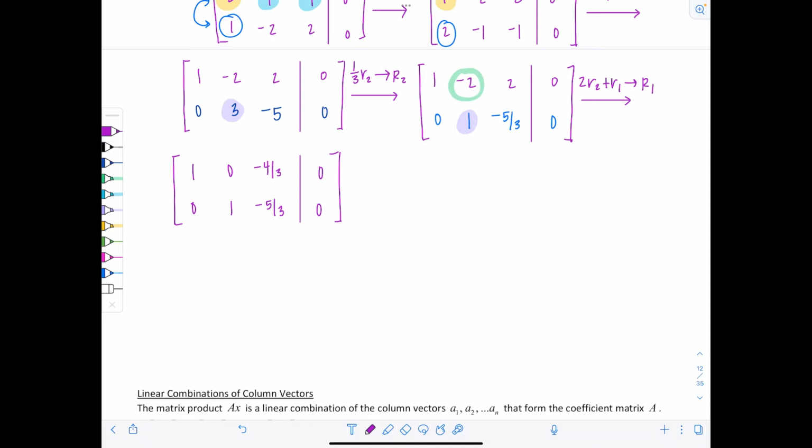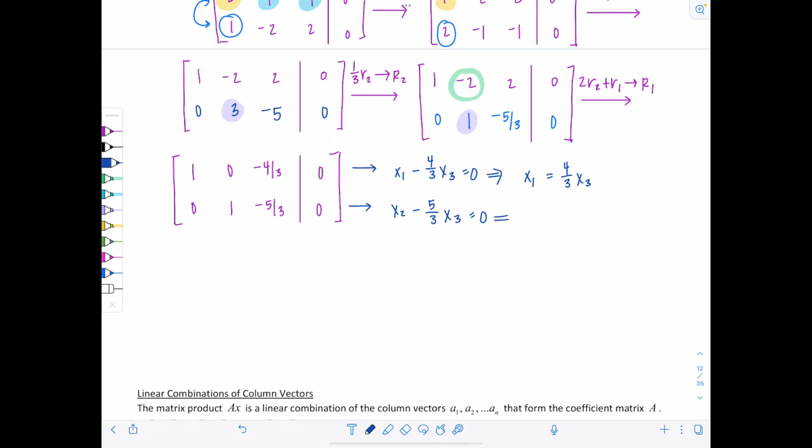So we are in reduced row echelon form. Let's just rewrite now what the system of equations would be that corresponds with this matrix. So we've got x1 minus 4/3 x3 equals 0. Solving for the variable that's furthest on the left always, we've got x1 equals 4/3 x3. And then the second equation is x2 minus 5/3 x3 equals 0.